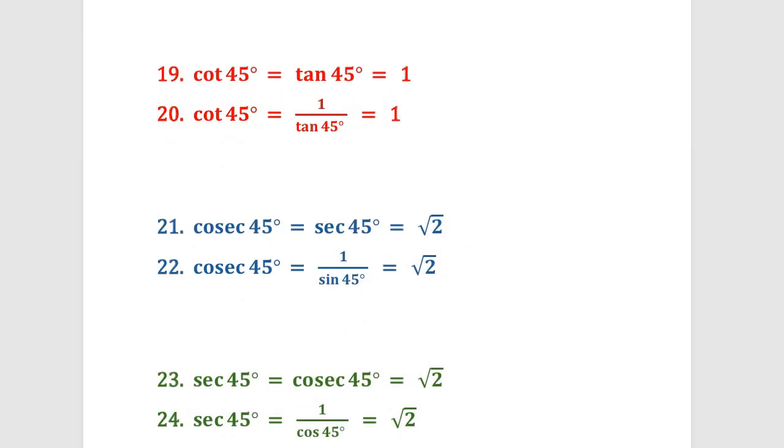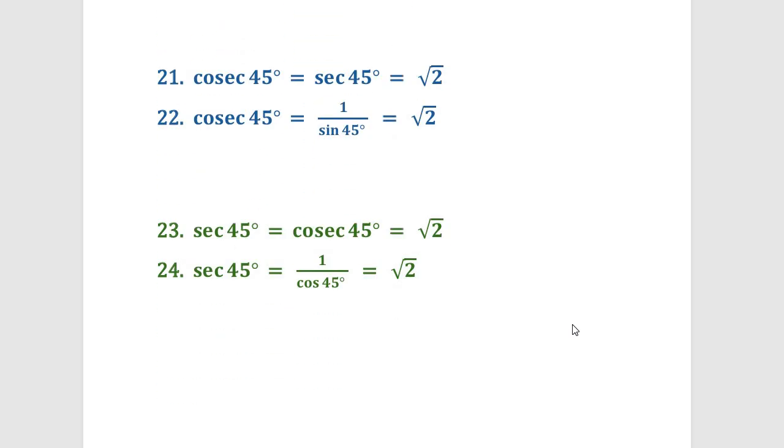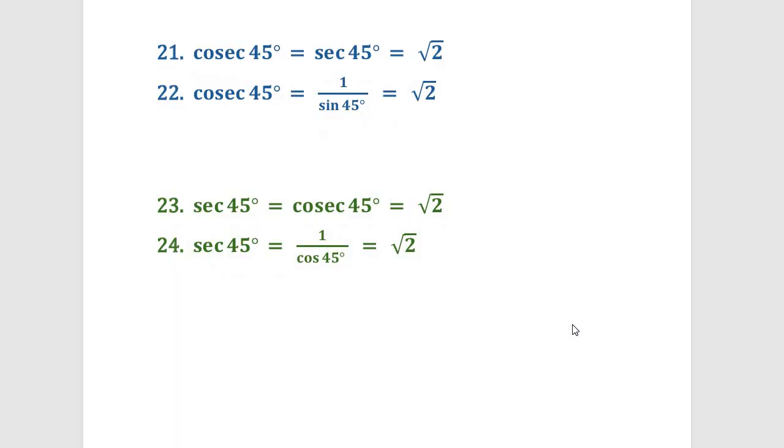Now cot 45 degree equals tan 45 degree equals 1, and tan and cot 45 are reciprocal, so we get formula 20, cot 45 degree equals 1 by tan 45 degree equals 1. Formula 21, cosec 45 degree equals sec 45 degree equals square root of 2.